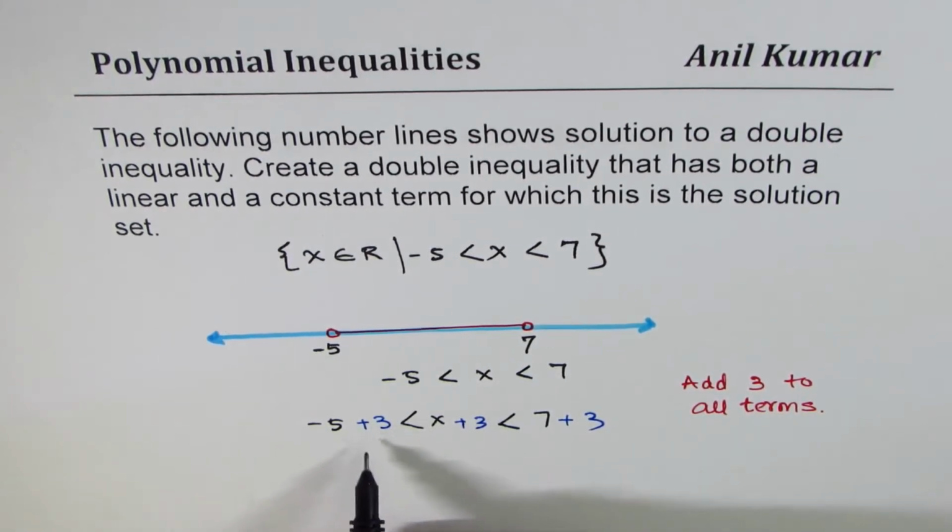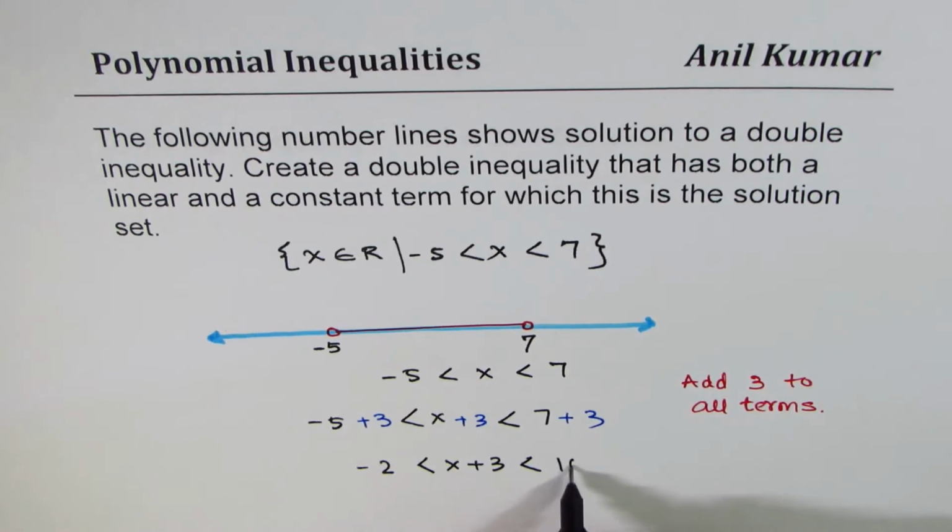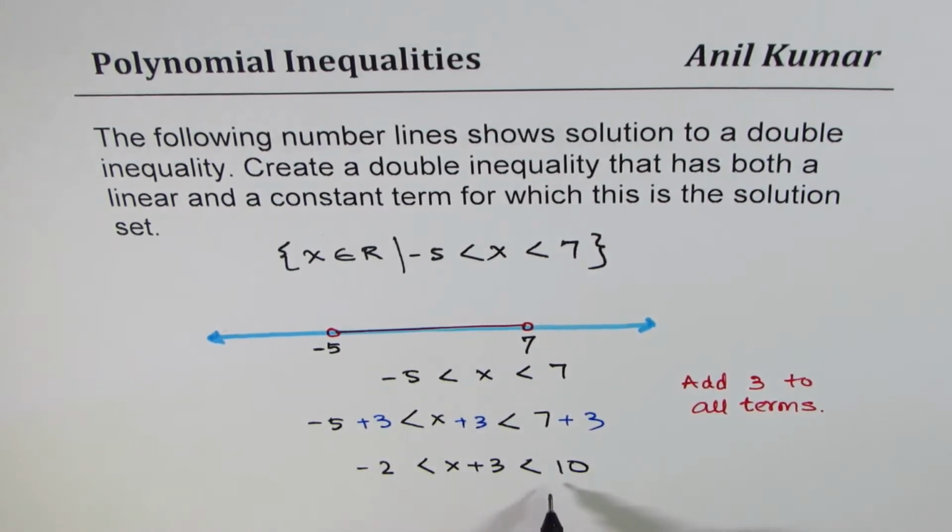So I could now write this as -5 plus 3 is -2, correct? And we have x plus 3 less than 10. So we have a double inequality, perfect, whose solution is the one we started with, correct? So that is how you have to solve such questions, correct?